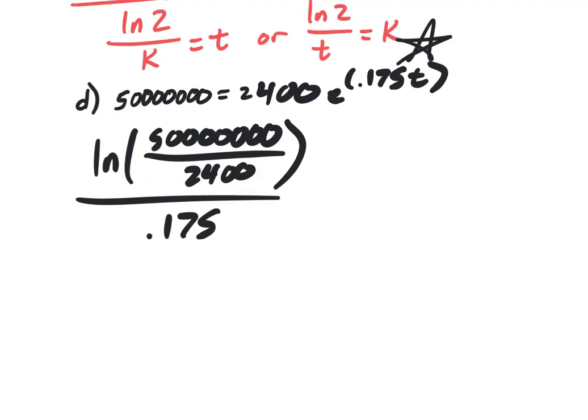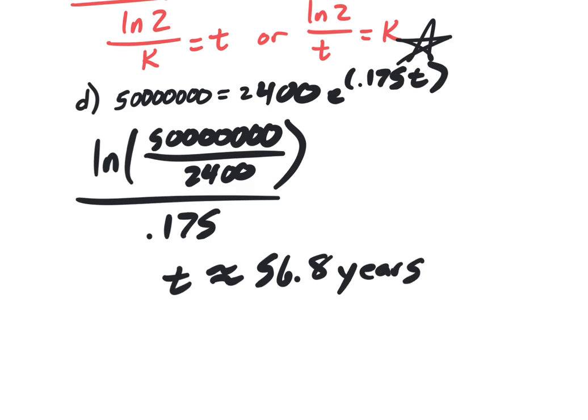Okay, that way you can kind of put it all into your calculator at once. Okay, so this is not necessarily doubling, this is just some random value. And so that's why we put the 50 million in there. And if I put that all into my calculator, we're going to get about 56.8 years.